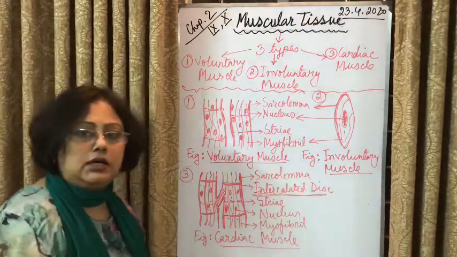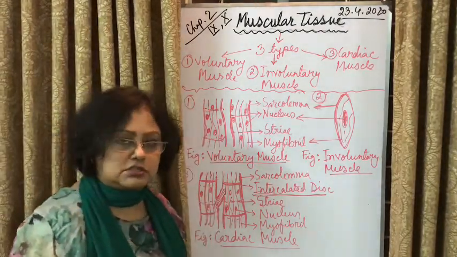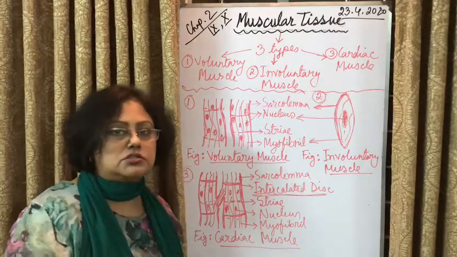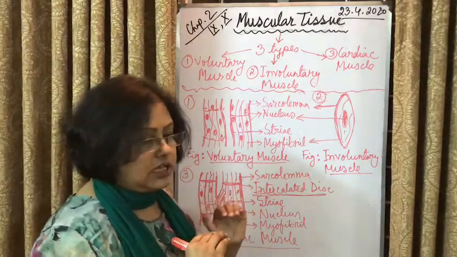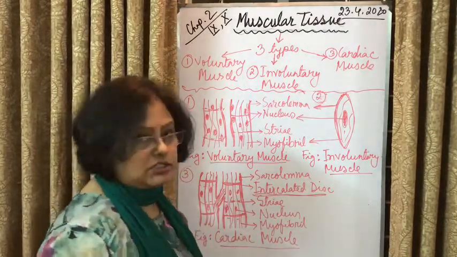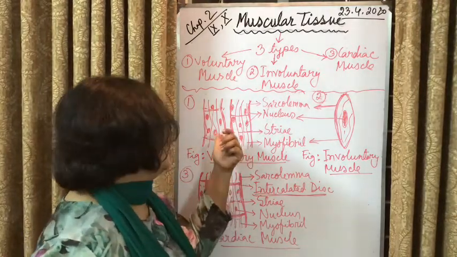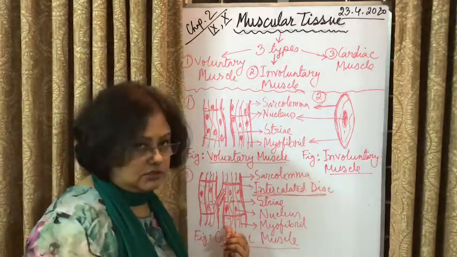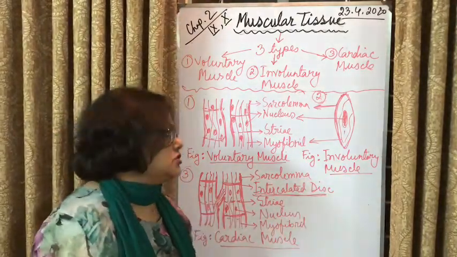Now come to the other features. So first I want to talk about the striation, transverse striation. Why is it called transverse striation? The band is present side by side, holding all the tissues or cells together. That's why it is called transverse striation. Voluntary muscle has transverse striation, and cardiac muscles also have transverse striation, but involuntary muscles have no transverse striation.